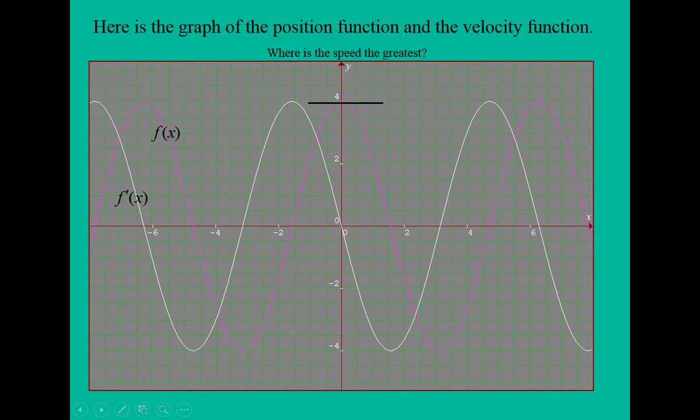And then go to pi by 2, which is about 1.57. And do you see we have a value of negative 4? So speed comes from the absolute value of the velocity. So at negative 4, the absolute value is 4. So at the peaks and valleys of our velocity function is where we have the greatest speed.